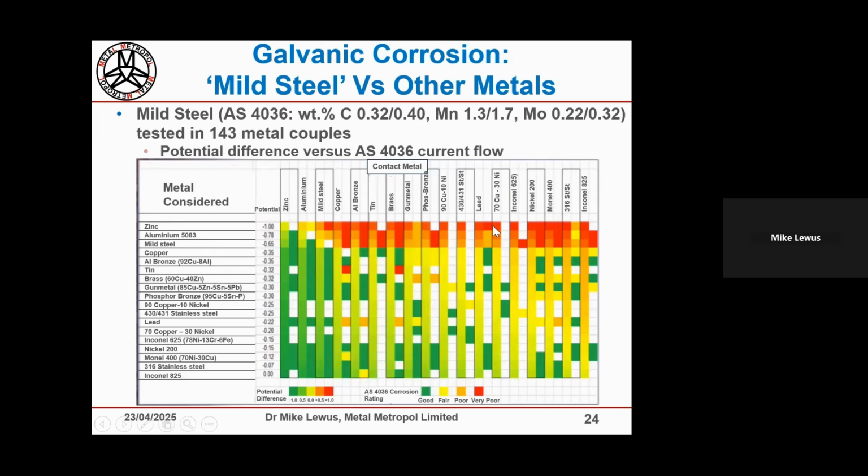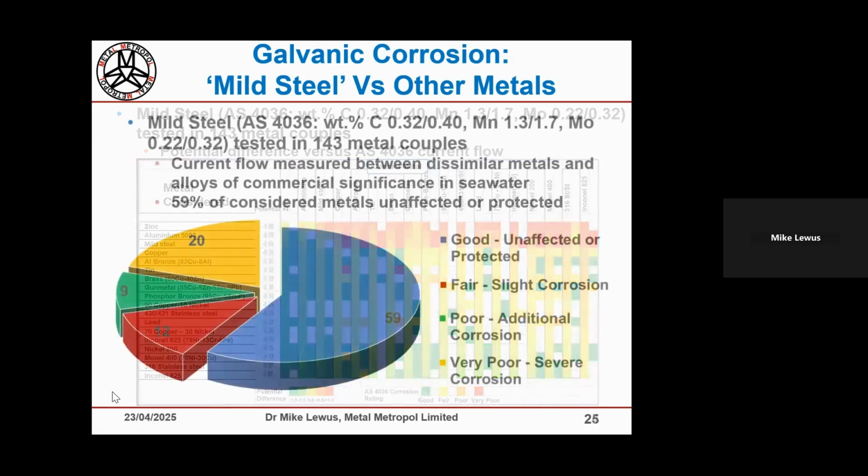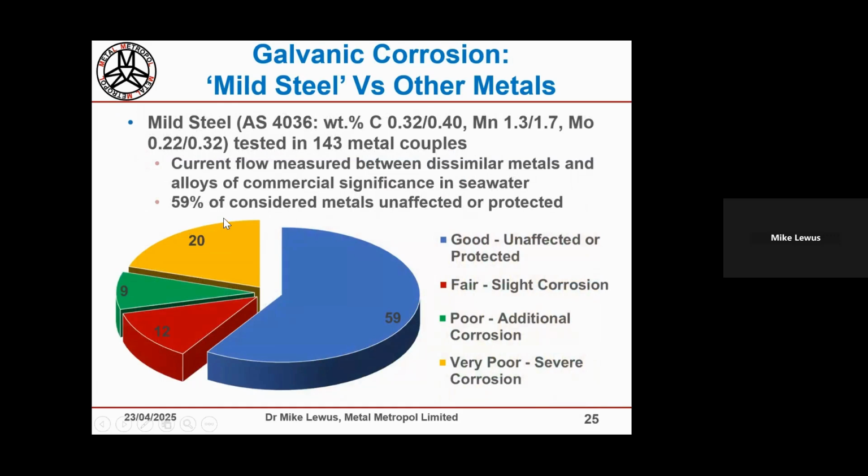To abridge what I'm going to say about this slide, because there's a lot of data on here, you can see that there's a relatively small number of couples with mild steel that are causing problems. If we take the yellow and the green as the fair and the good, as not being too worrying or troublesome, we've got a lot of couples that we don't really have to worry about too much.